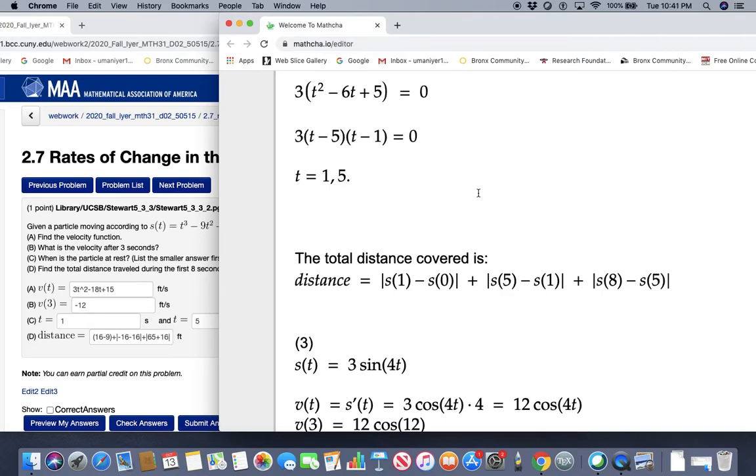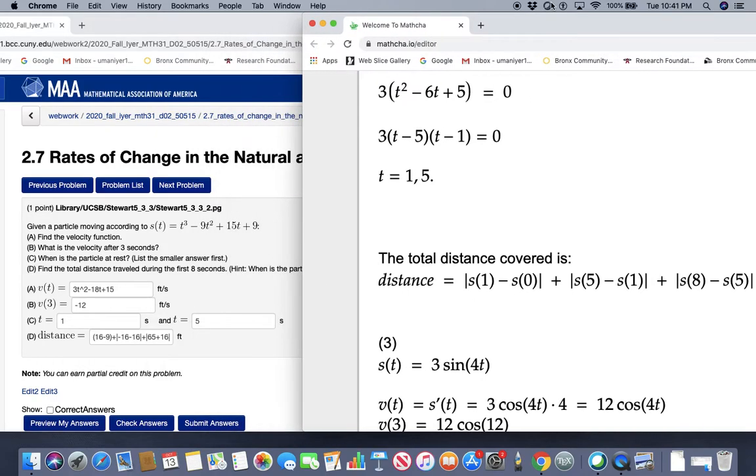The times when you turn around are when velocity is 0. So you first identify where the velocity is 0, and those are your cut points. s of 5 minus s of 1, and for the final stretch to 8 seconds, s of 8 minus s of 5. Don't forget absolute value. So this is the total distance. Now for this total distance, I'm going to have to use my function of s.